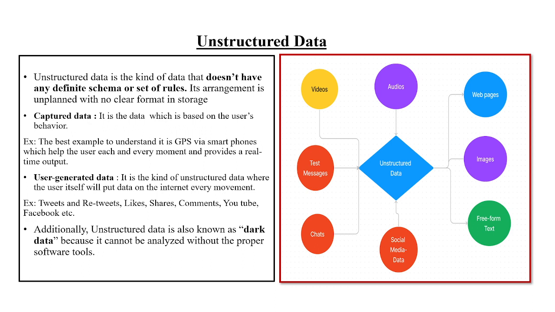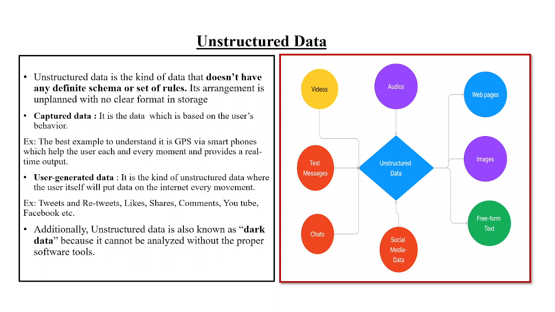The best example is the GPS used by our smartphones, which helps the user each and every moment and provides a real-time output, and this data is unstructured data. And sometimes the user generates this unstructured data, for example if he tweets or retweets anything, or does likes, shares, or comments on YouTube or Facebook.